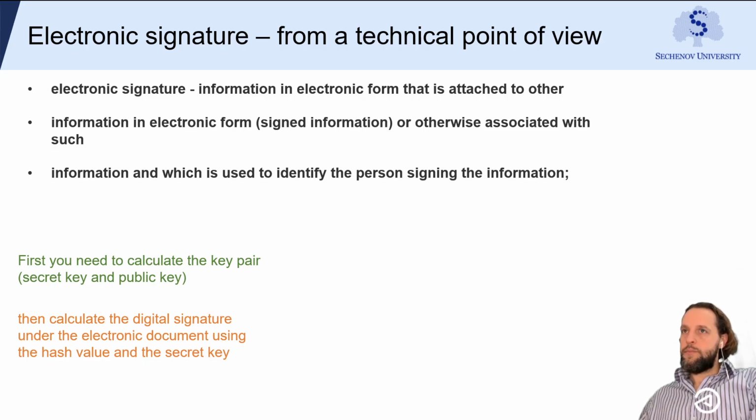From the technical point of view, an electronic signature is information in electronic form that is attached to an electronic document, and this information can always be used to identify the person who signs this document.